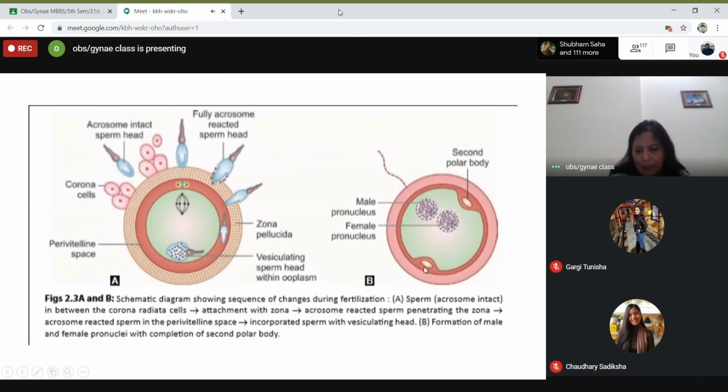This is the first polar body, and this is the second polar body. The haploid chromosomes of the female pronucleus and the male pronucleus come together and become the total number of chromosomes.